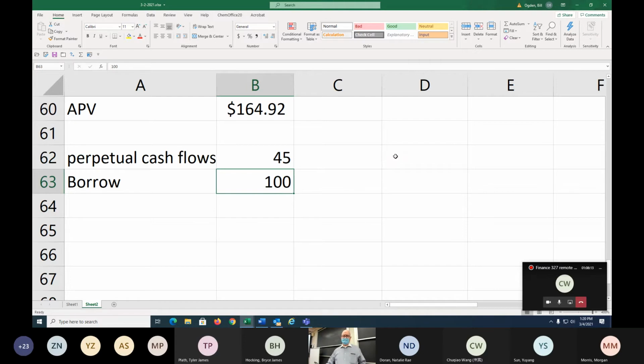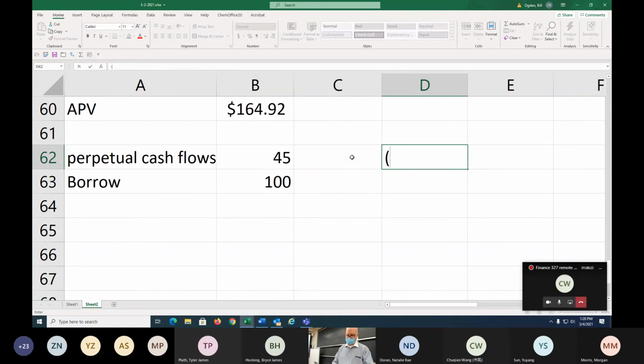So let's, the WACC, all the costs are the same. That's what we have above. Let's see, so make that. Well, what in the world? V just doesn't work.